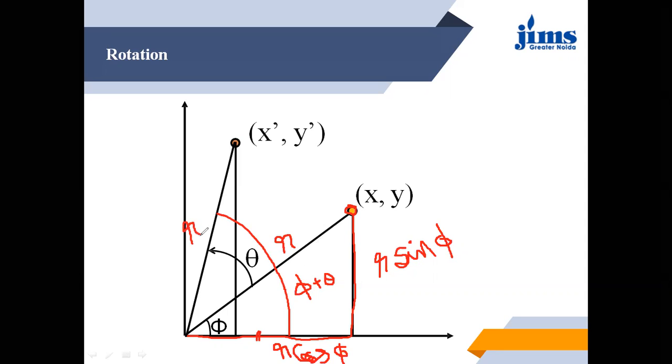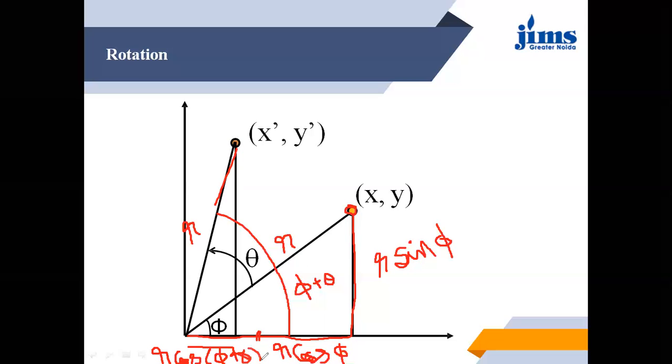Now when we have to find the x coordinate, this is our hypotenuse. We have to find the base. So this is r cos of the angle from the x-axis, which is phi plus theta, r cos(phi plus theta).